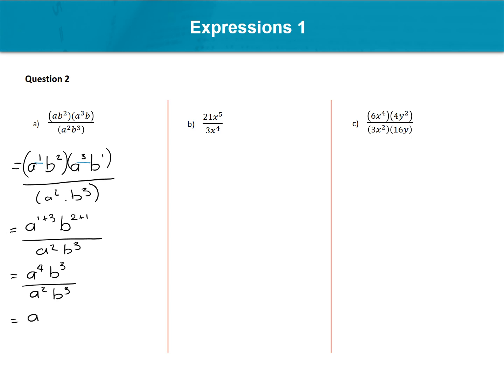So we have a to the power 4 minus 2, because we're taking this 2 and making it negative. And we have b to the power 3 minus 3, which is a to the power 2, b to the power of 0. And you know anything to the power 0 is equal to 1. So our final answer is a squared.